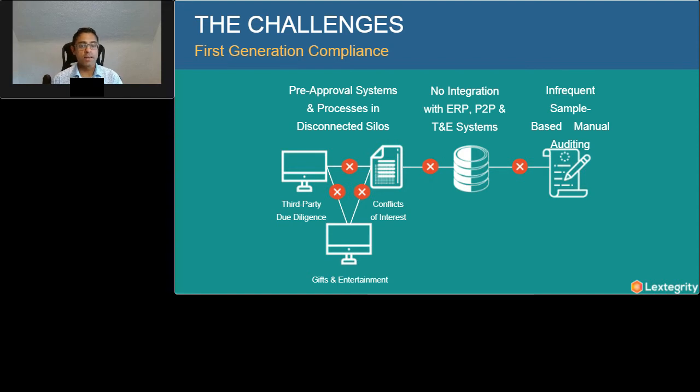They don't connect with your T&E system. They don't connect with your ERP system. And then you're really using infrequent sample-based monitoring and auditing to detect issues. And you're not catching those things real time. You may catch them months after they happen, maybe years after they happen, or maybe never at all. So this is the reality for many companies today, and an area where we wanted to really bring technology to bear.